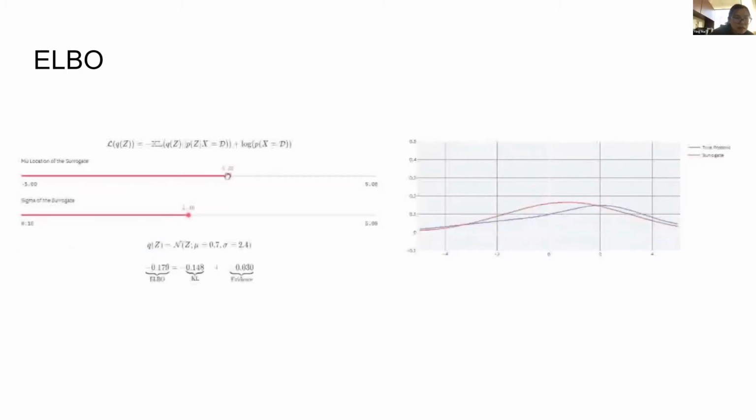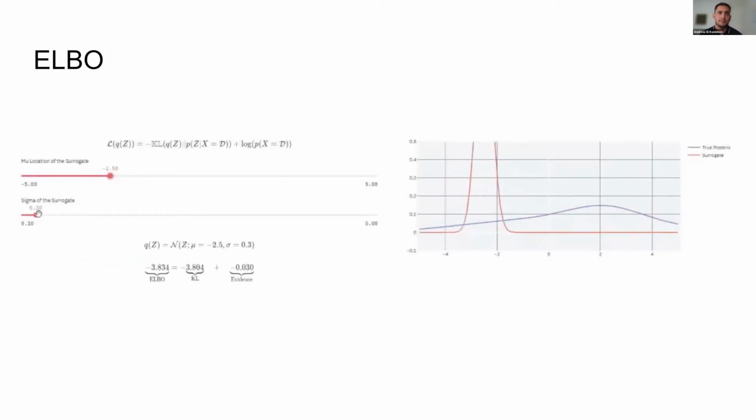And how about on the left, you are tuning two things? I also cannot see. Yeah, we're tuning the mean of the surrogate and also the variance. Oh, okay, good. Now I get it.